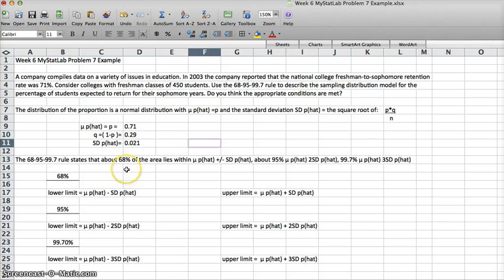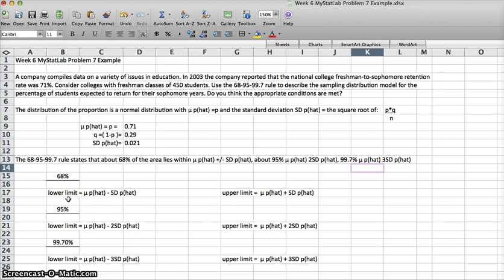And this rule states that 68% of the area lies within the mean of P hat, or 0.71, plus or minus 1 standard deviation, which we just calculated at 0.021. The 95% falls within 2 standard deviations, and 99.7% of this will fall within 3 standard deviations.